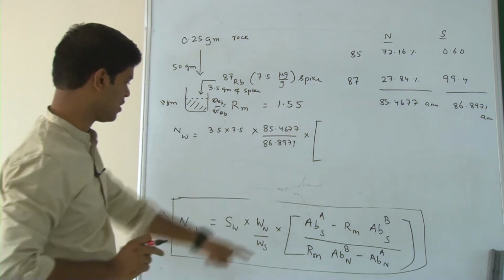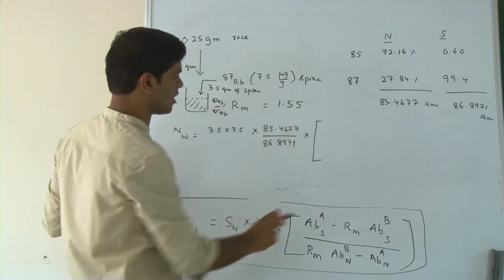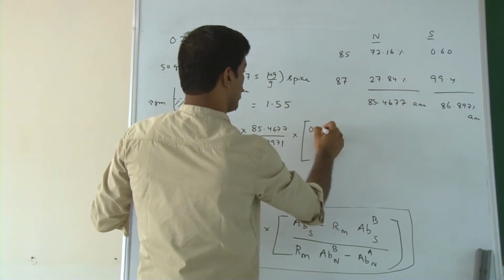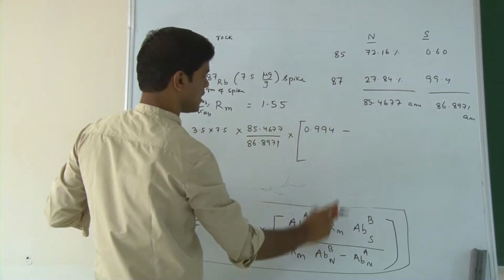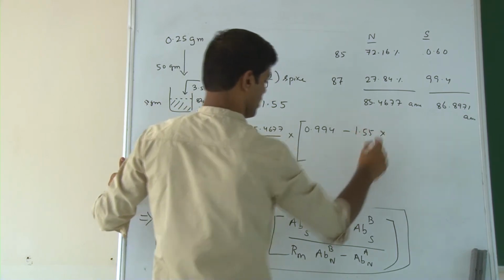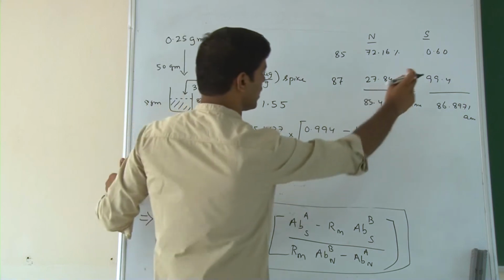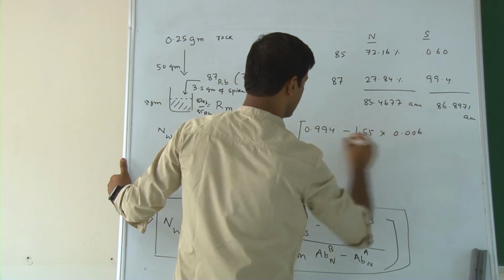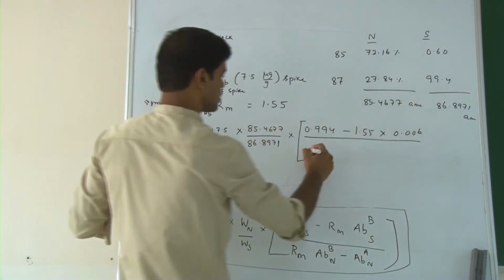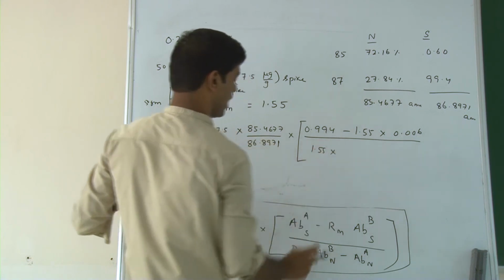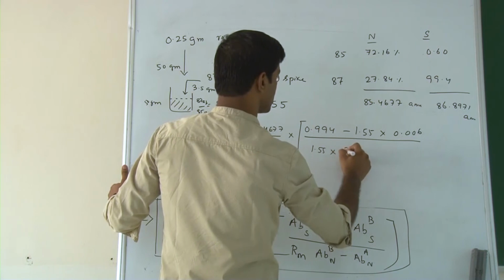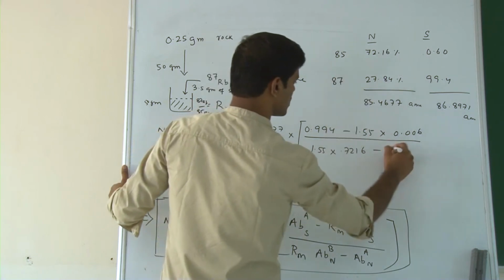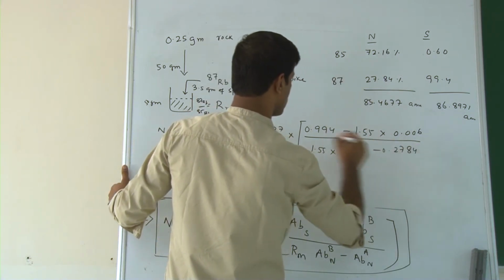is measured as 1.55. So, the abundance of A, which is 87 in the sample, this should go 0.994 minus ratio, this is 1.55, multiplied by abundance of B, 85 in B, which is 0.006, divided by ratio 1.55 multiplied by abundance of B, which is 0.7216, minus A, which is 87, so it is 0.784, right.